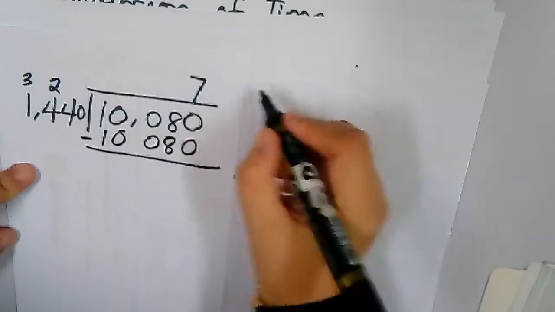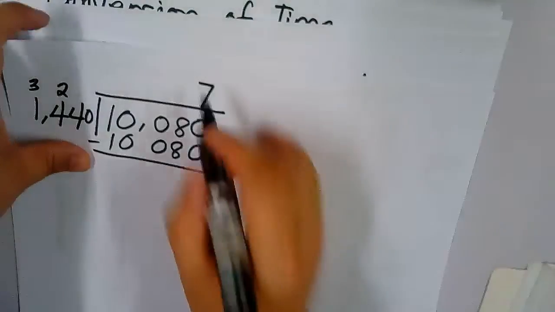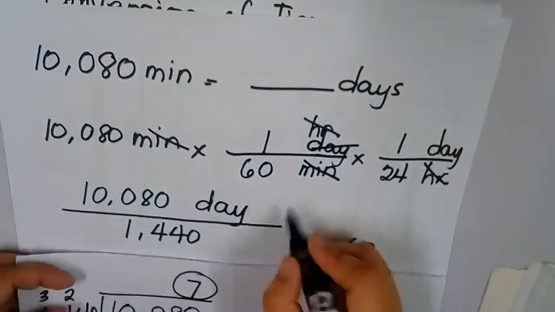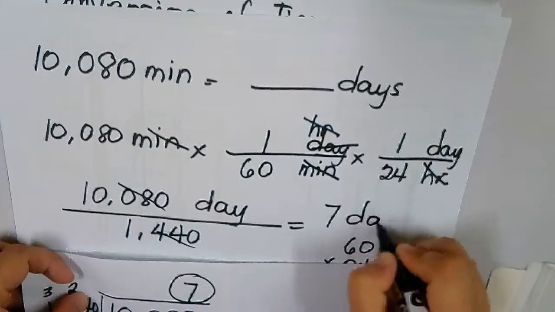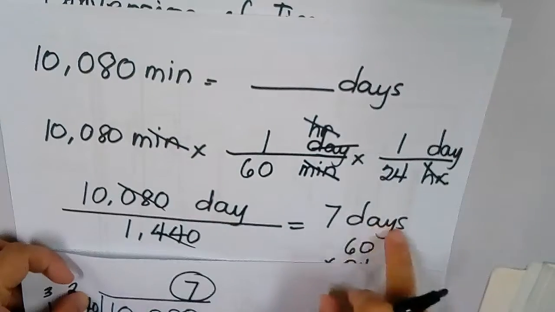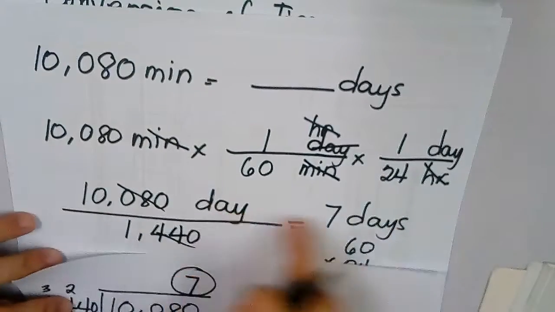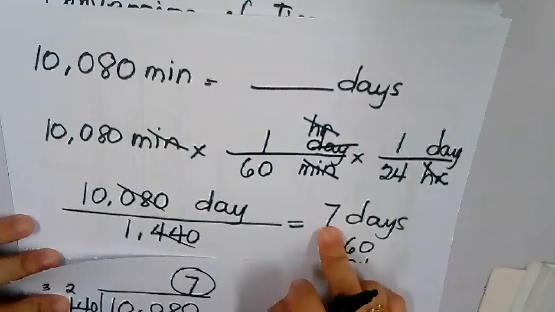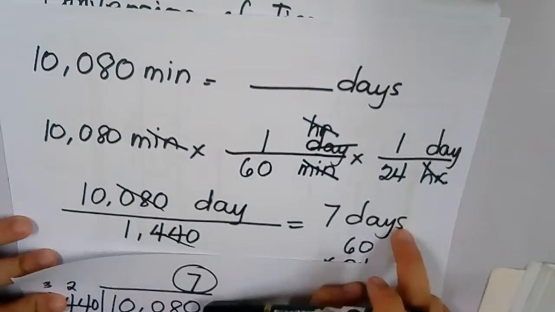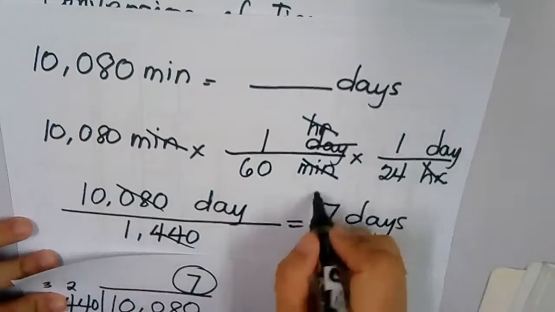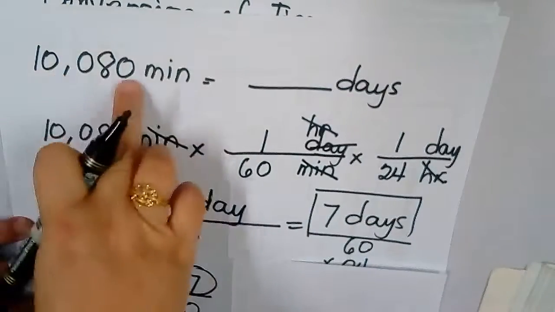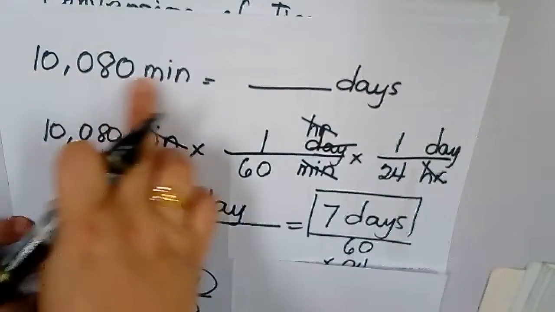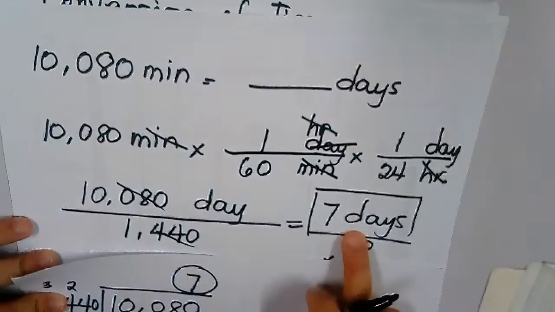So, 7 yung answer natin. So, there are 7 days. So, nilagyan na natin ng S kanina kasi naka-day lang. Kasi mas marami naman yung 7. But if it's only 1 day, then we put no S. Okay? So, this one is our answer. In 10,080 minutes, there are 7 days.